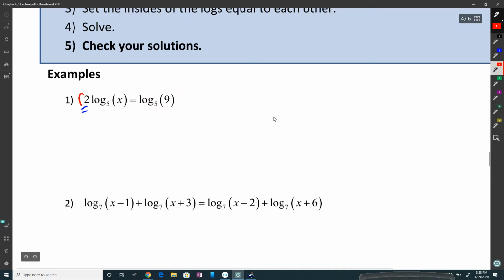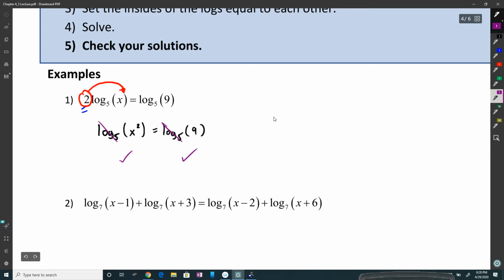So that means that I need to get this 2 and make it an exponent like we did in the last section. So I have log base 5 of x squared equals log base 5 of 9. And now it's 1 log equals 1 log, so I can cross the logs out. They kill each other. And I'm left with x squared equals 9.